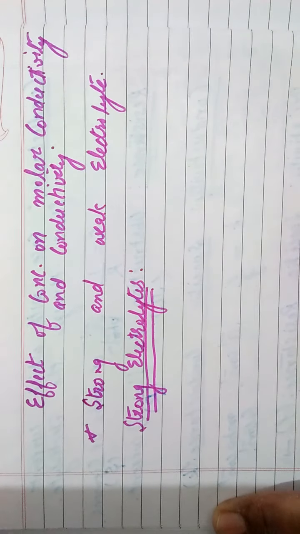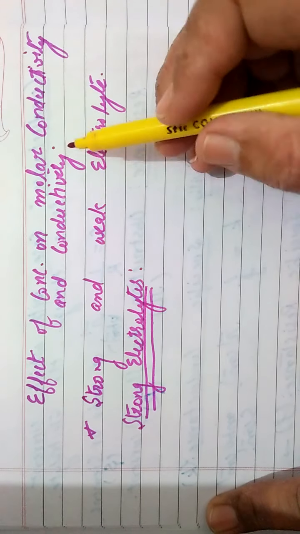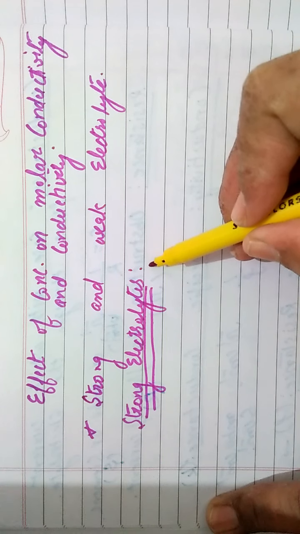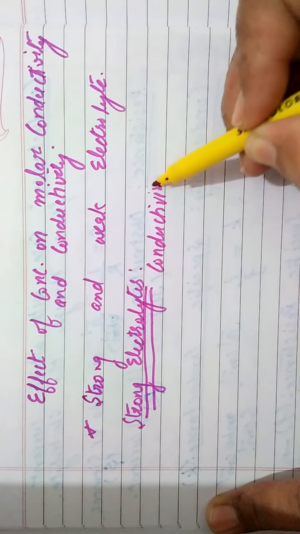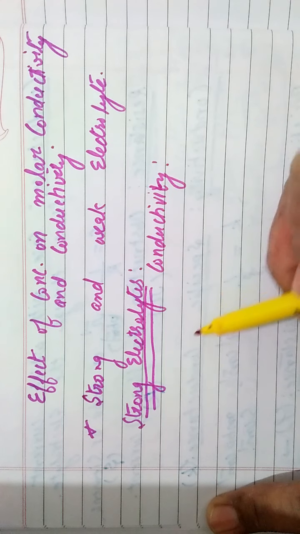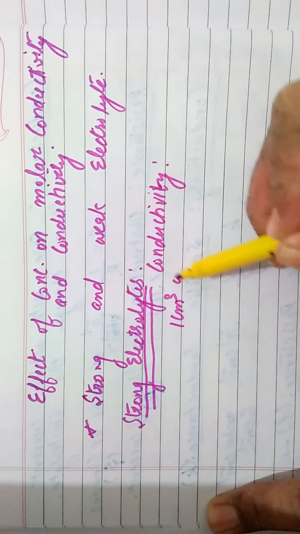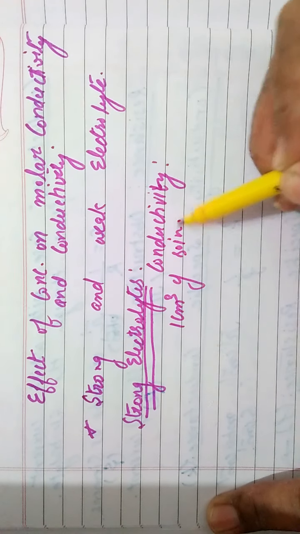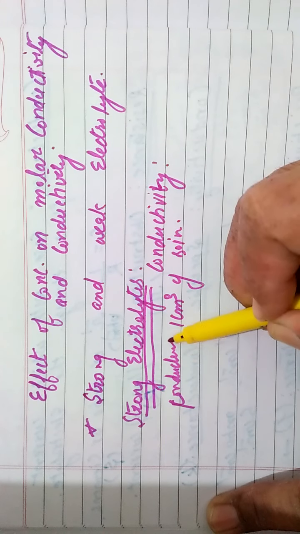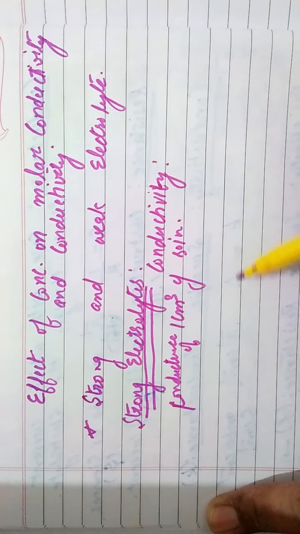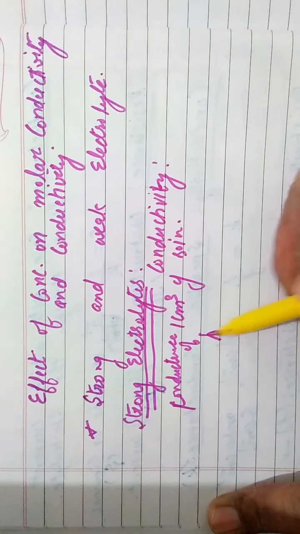First of all, we'll understand, we have already discussed what molar conductivity and conductivity are, but still, let me tell you once again what conductivity is. Conductivity is the conducting power of 1 centimeter cube of the solution, right? And what is molar conductivity?